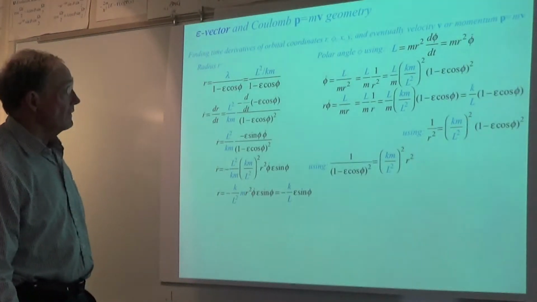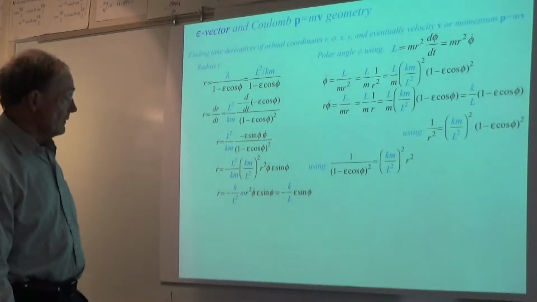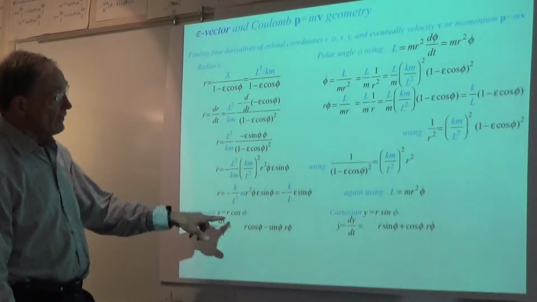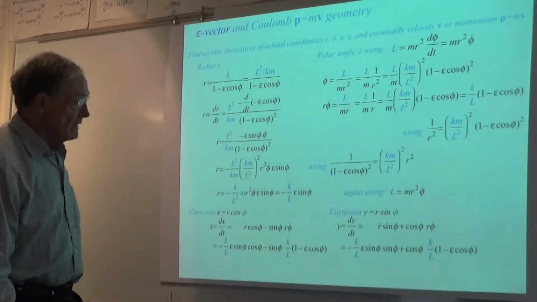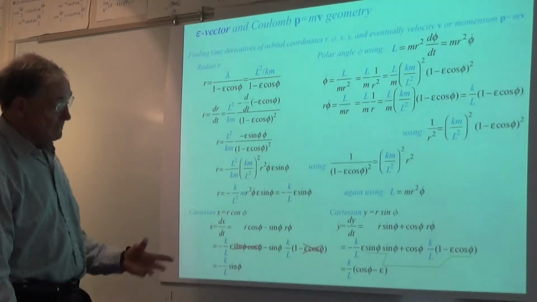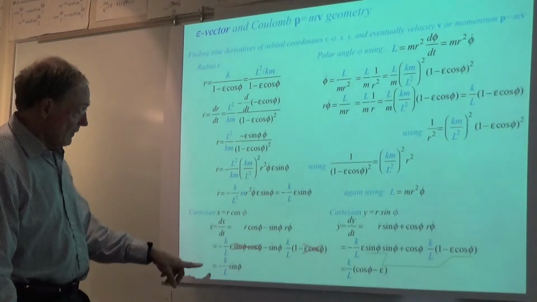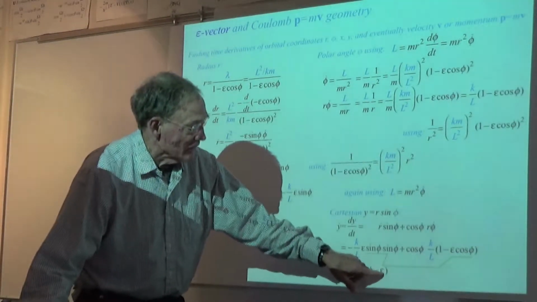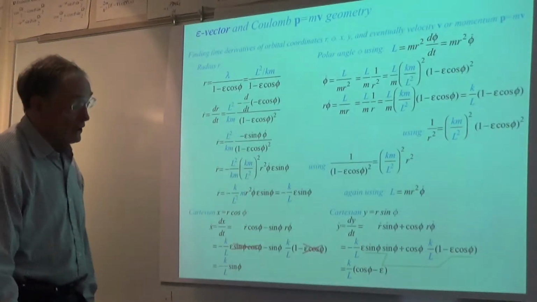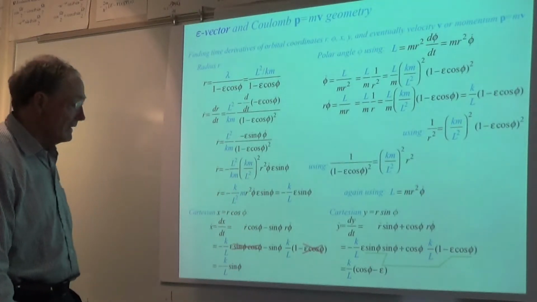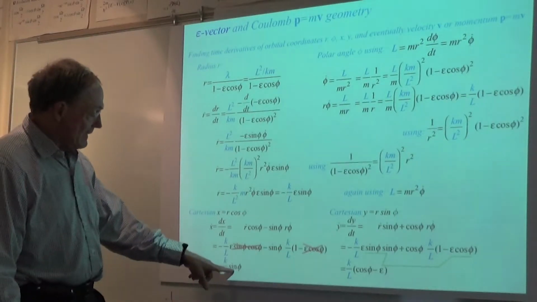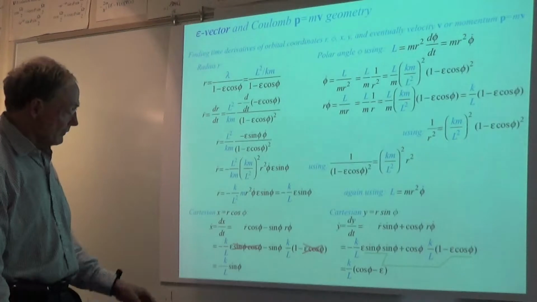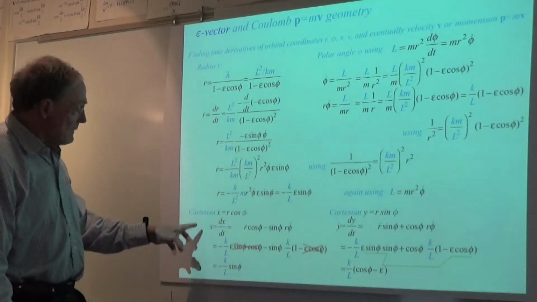Those are all of interest for various things that we do. The Cartesian x dot and y dot are the ones that we plotted out. I remind you that, except for one extra little epsilon there, which would be gone if epsilon was 0, that's a circular orbit, they obey the sine and cosine components, respectively.